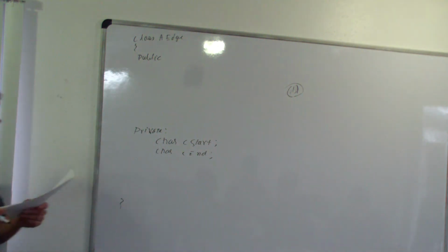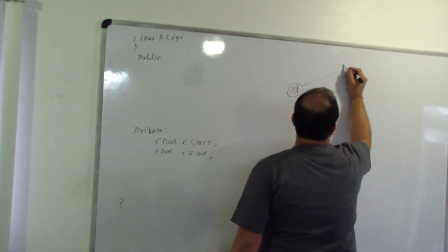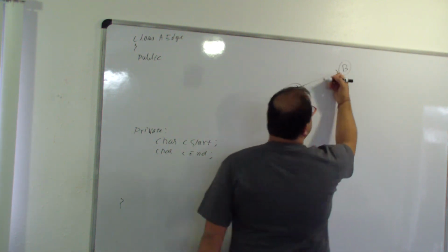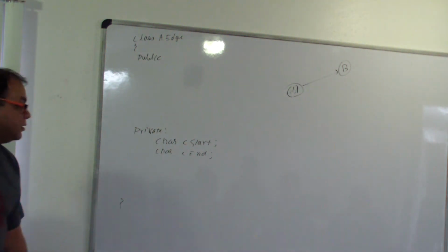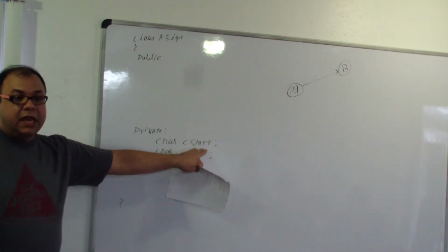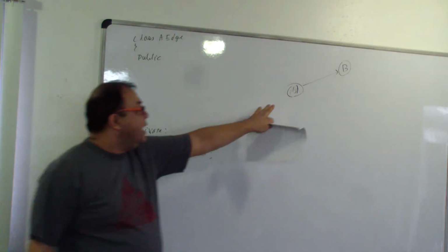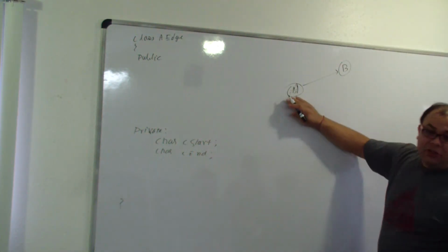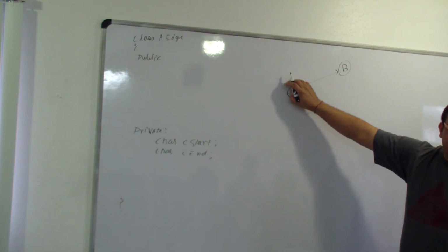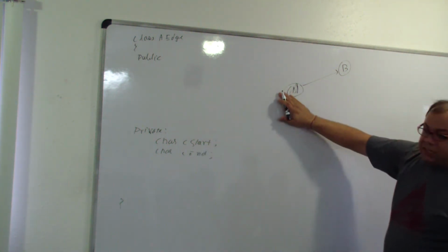When A is connected to B, this private C start, C end is a vertex, the ID of the start and ID of the end. A is the ID, that is the value of the starting and ending.